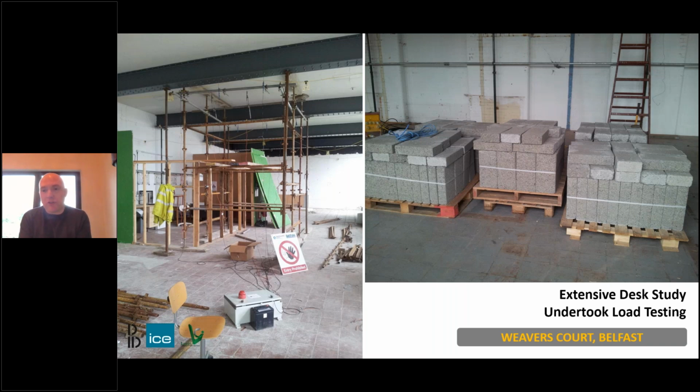So what we did is we undertook a very extensive desk study to work out exactly what condition the building was in. We then undertook a series of load testing as well. So we loaded up areas of the floor plate, we measured the deflections, and we saw how the building would perform with various amounts of live load.